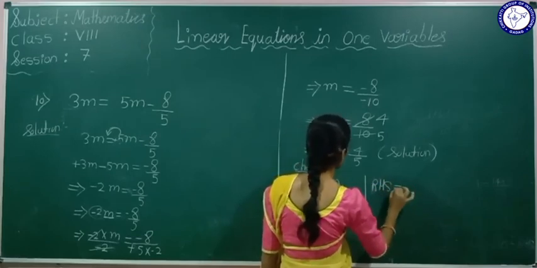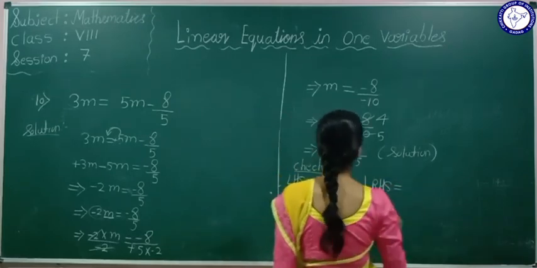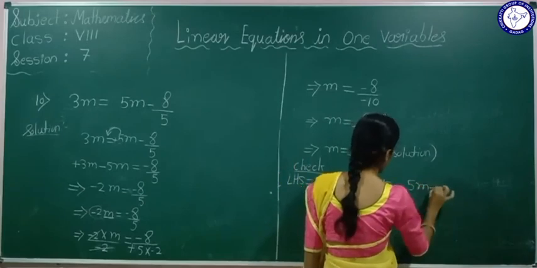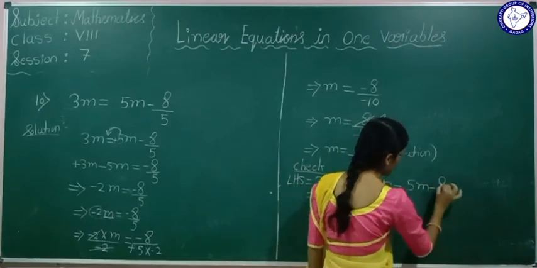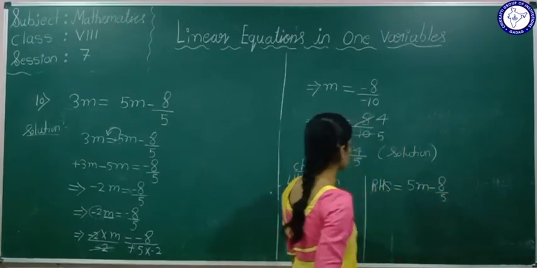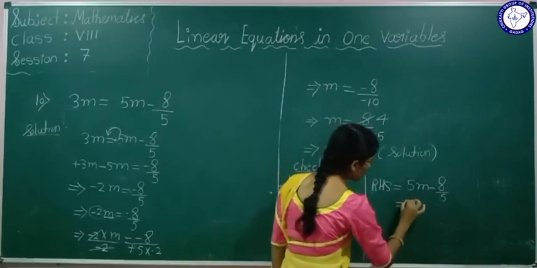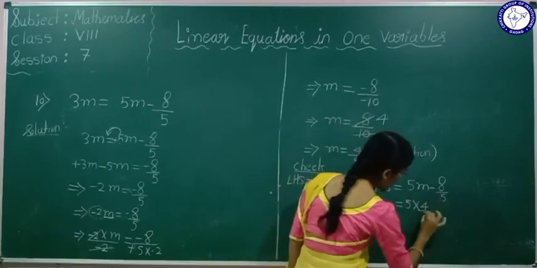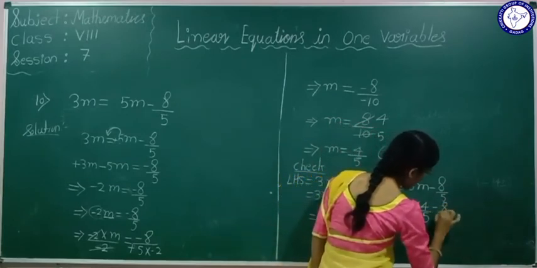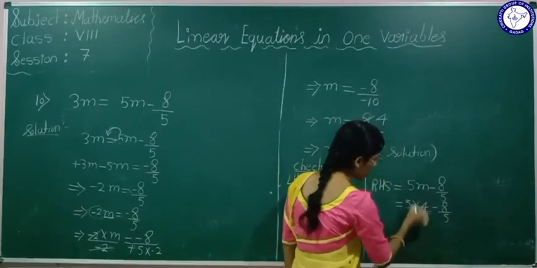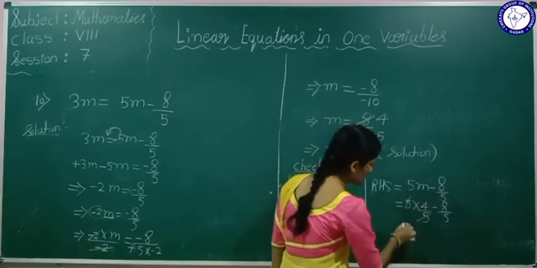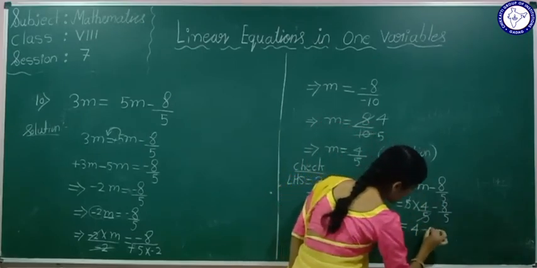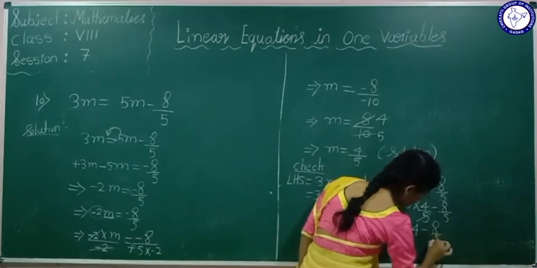What have they given for RHS? 5m minus 8 by 5. Now substitute the value. 5 multiplied by m is 4 by 5, minus 8 by 5. 5 and 5 get cancelled. What remains? 4 minus 8 by 5.